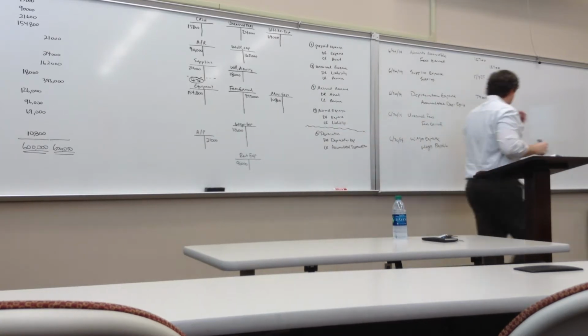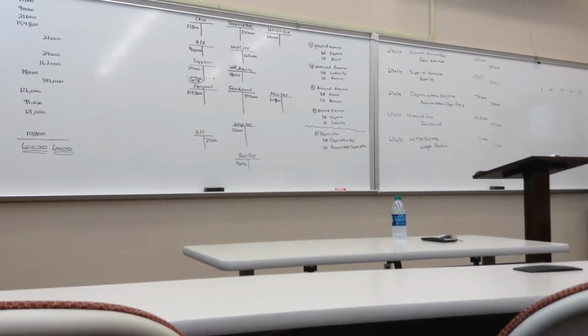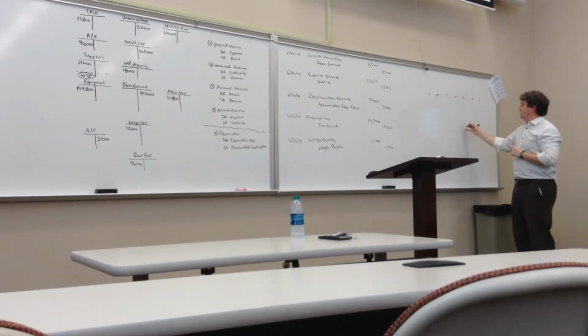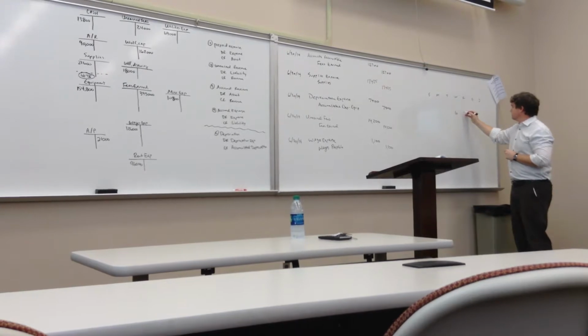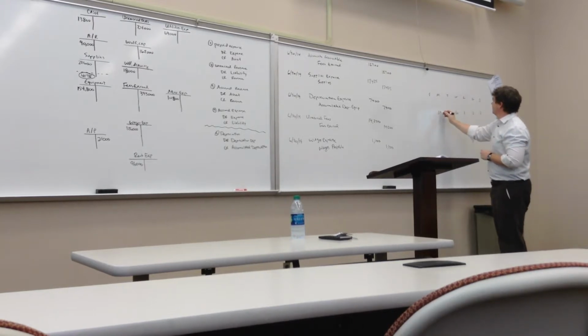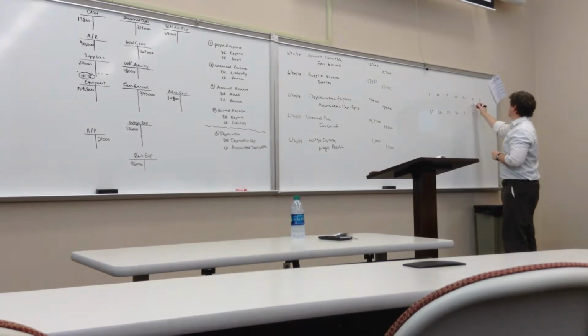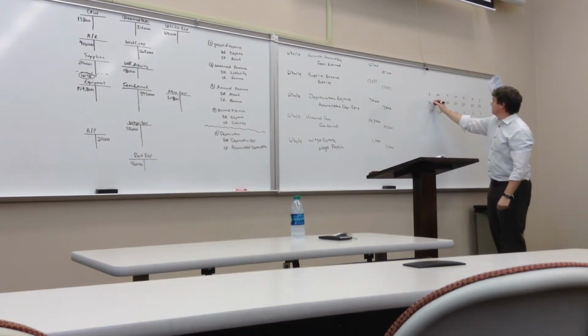Typically, let's see, Sunday, Monday, Tuesday, Wednesday, Thursday, Friday, Saturday. I need the 30th to be on a, that's fine. That's June 30, by the way. So that's July 1st, 2nd, 3rd. This is the 29th, 28th, 27th, 26, 25, 24, 23, 22, 21, 20.